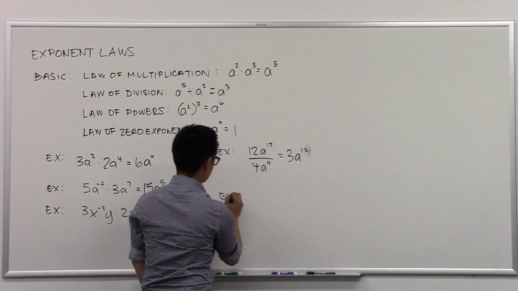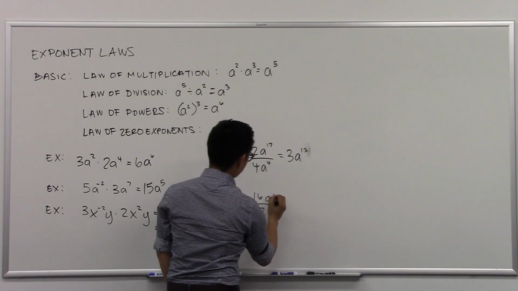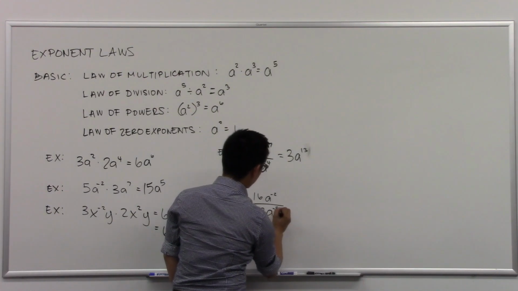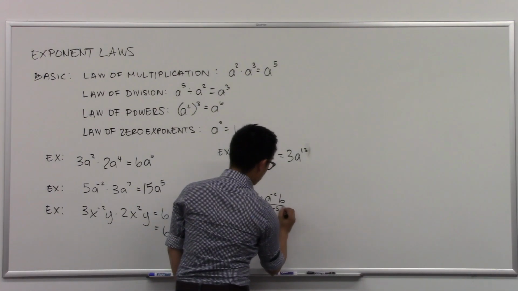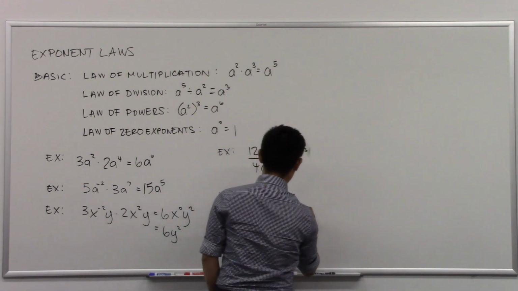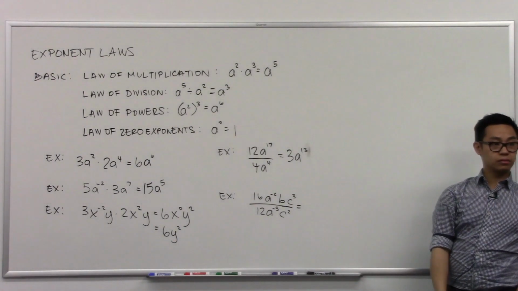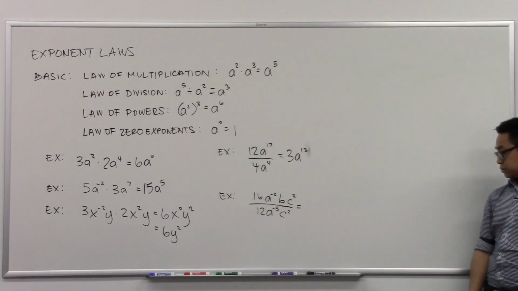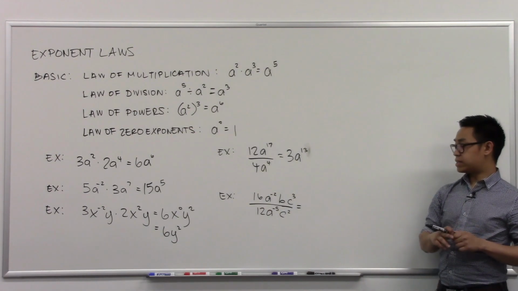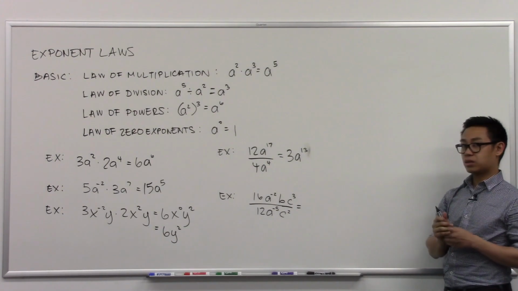What if you had this? 16 over 12, a to the negative 2, a to the negative 5, b, and then c to the 3 there. Let's do that. So in this case, you have a 16 and a 12. You treat 16 over 12 the same way you always have.